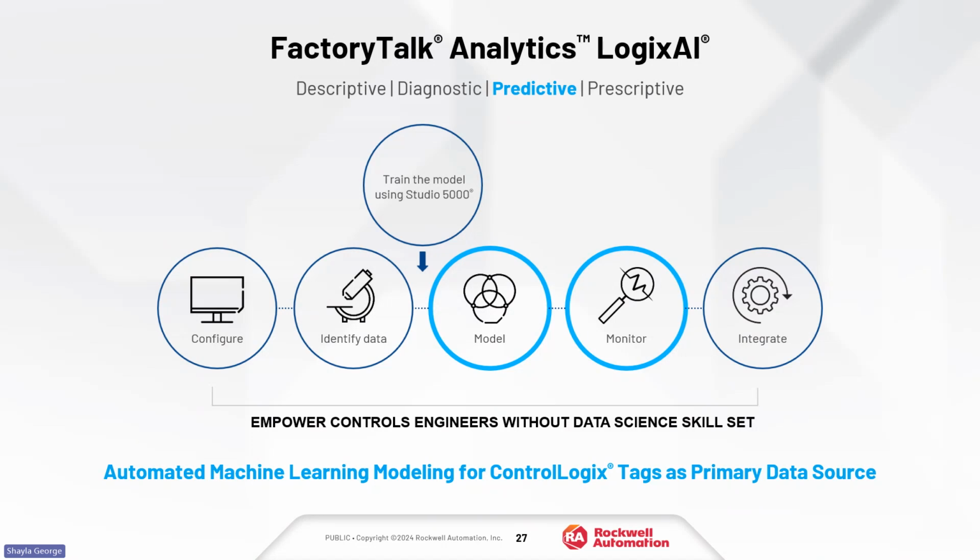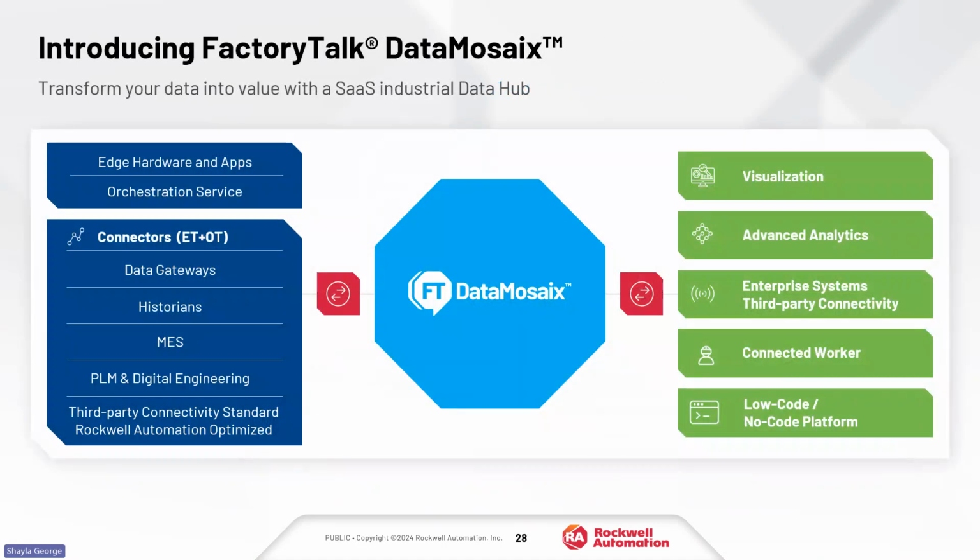Logix AI does the monitoring, and after that, the OT professional would then do the predictions to know anytime there's any process deviation and what modifications need to be made in order to meet the necessary requirements. So that is Logix AI.